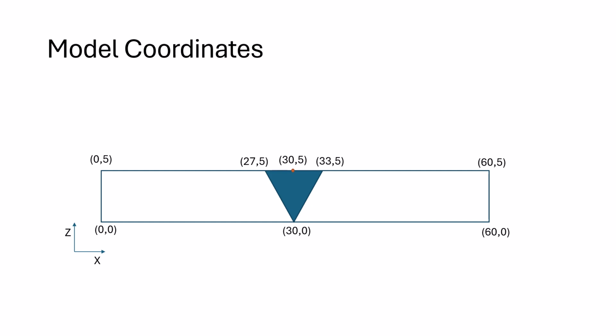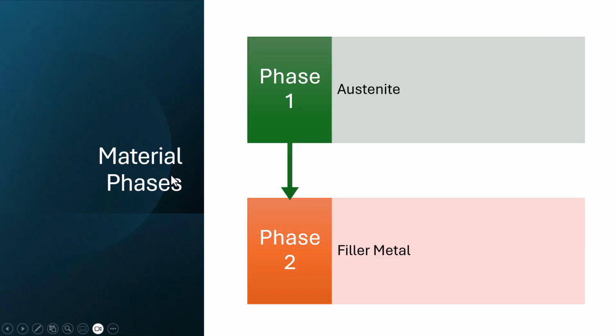I suggest you always write down these coordinates, whether you're going to simulate or regenerate some of the models from articles or scientific papers. You should always have this map. And the material phases are presented here.